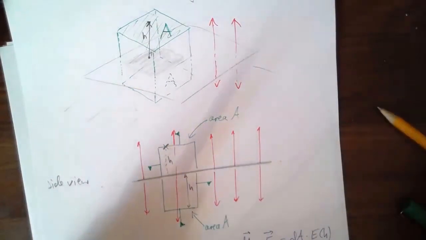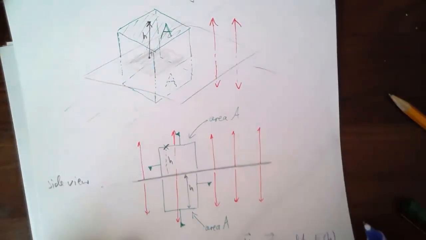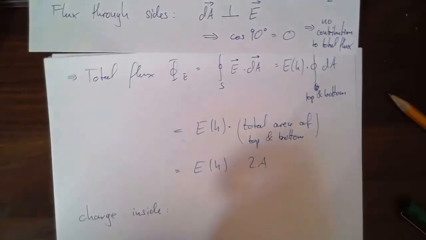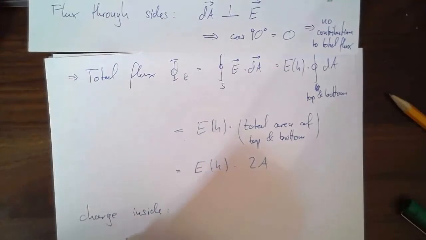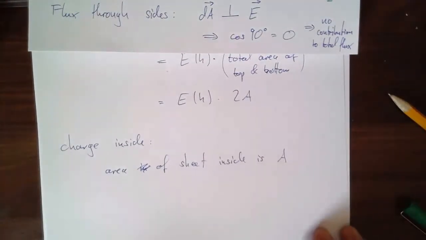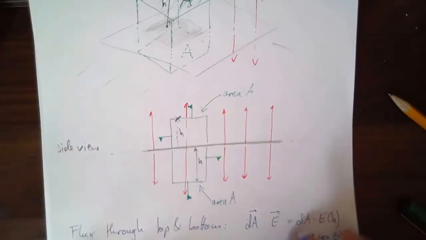The wall is cut vertically down, so only that part is inside our box. So that itself has an area A. The area of sheet inside is just A.